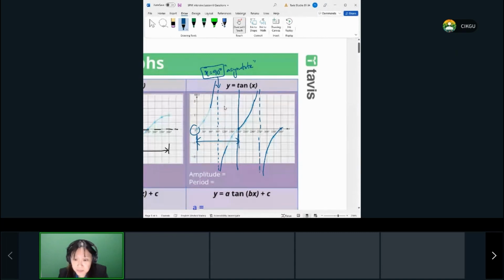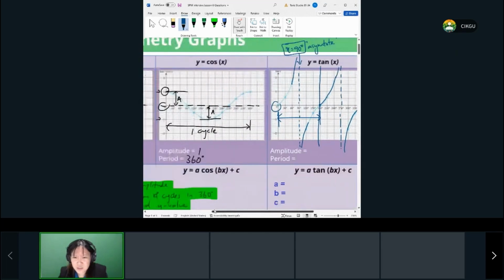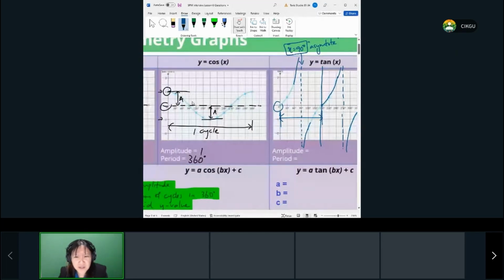So this one I wanted to point out purposely, because of the amplitude. First of all, the amplitude of tangent graph. If anybody asks you, what is the amplitude of tangent graph? Student be like, huh? I don't know, teacher. Because the tangent graph keeps going up and keeps going down. It doesn't seem to reach a maximum or a minimum value.